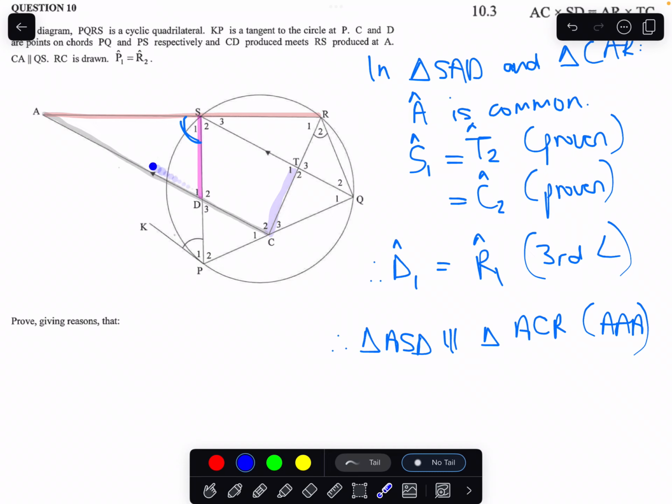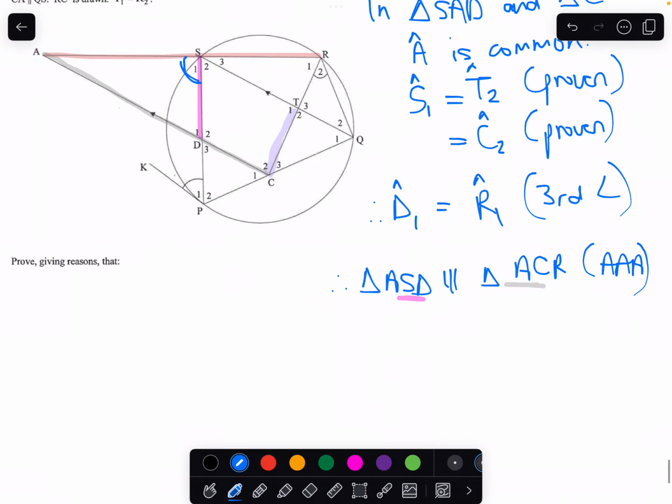So we want something about AC and something about ST, sorry, not TC. So we said last two over first two.